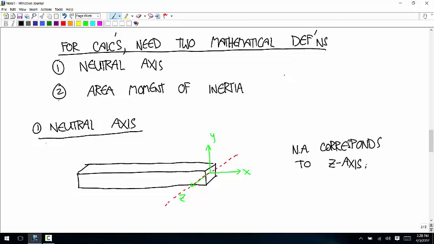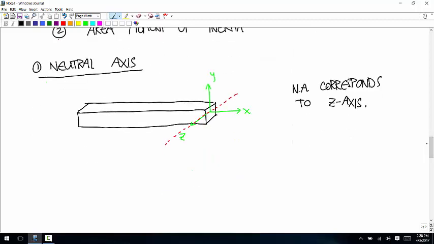And all you need to know to place that neutral axis is that it's parallel to the z-axis, so you know it's horizontal. And the only other thing you need to know is where it's placed up and down. It's always placed so it goes through the centroid of the cross section.